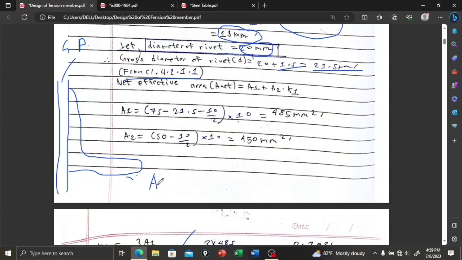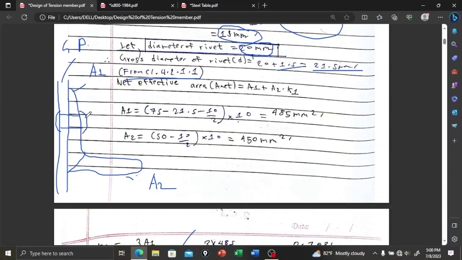This is A2 and this is A1. So we do the rebating in here. So to calculate A1, this from here, this is A1 and this is A2.